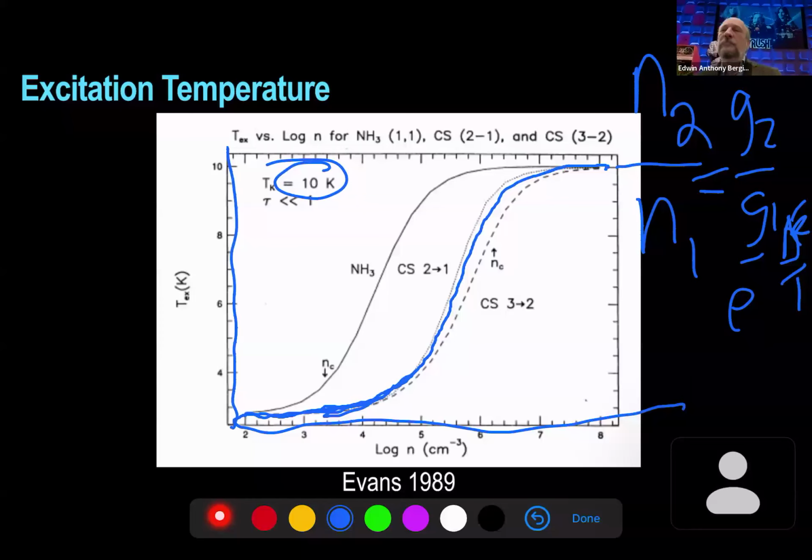So what does this mean? This means this molecule and its emission depends in some way on the density of hydrogen and the temperature of the gas. If I observe different rotational states, I can use that to determine the density, and similarly, I can use that to determine the temperature.